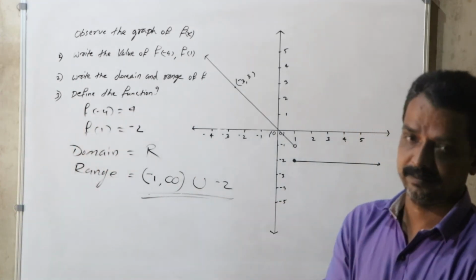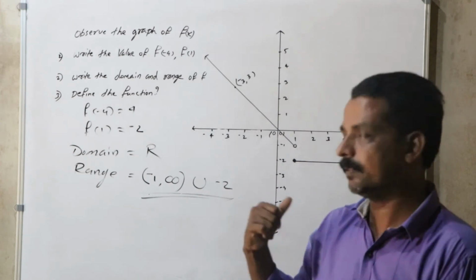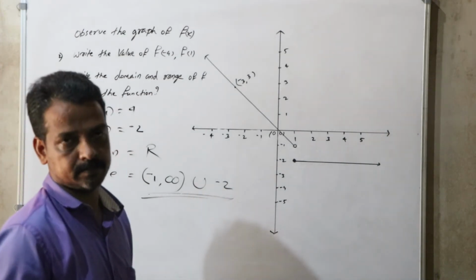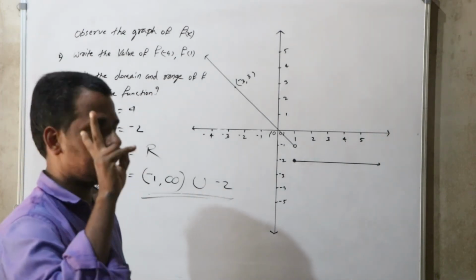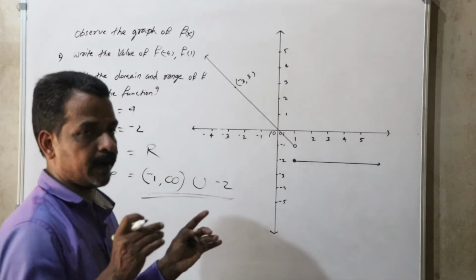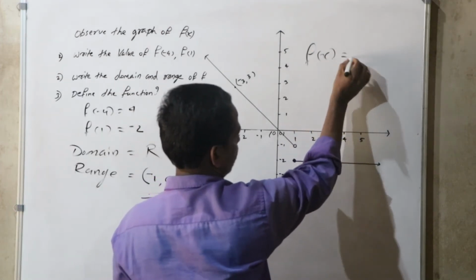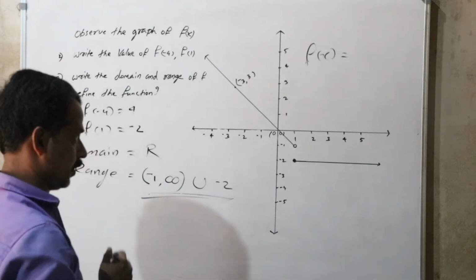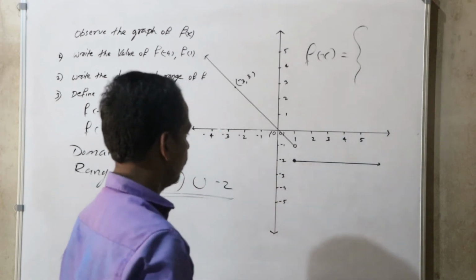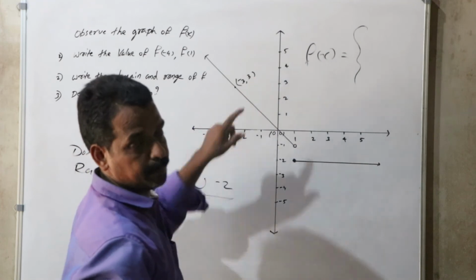Define the function. How can we define this function? Here we must know that there are two graphical lines. So we define f of x equal to... here x is -3 and y is positive 3.